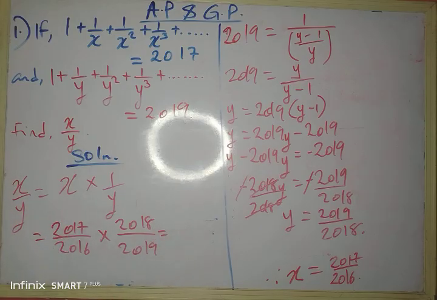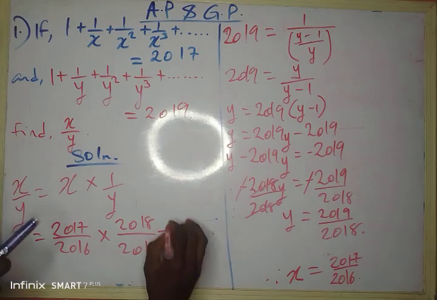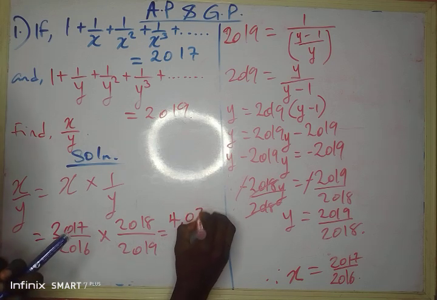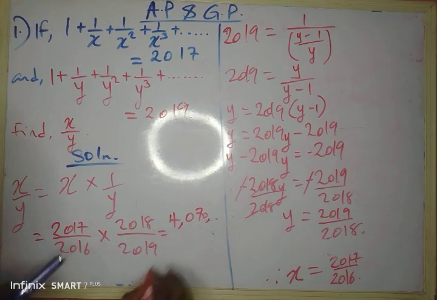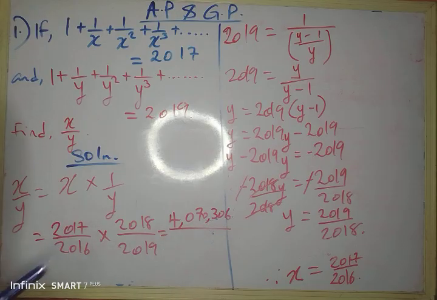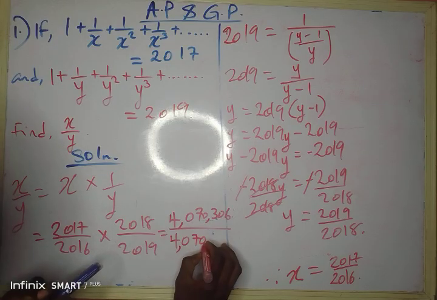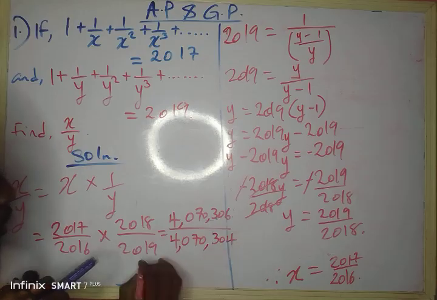That then equals 2018 times 2017, which gives us 4,070,306, divided by 2016 times 2019, which gives us 4,070,304.